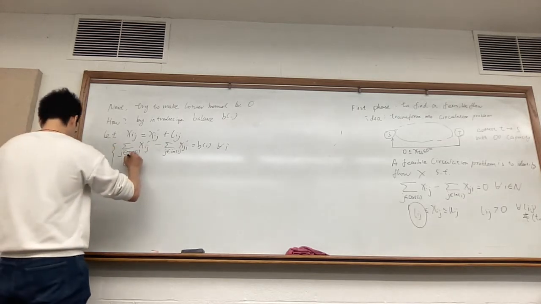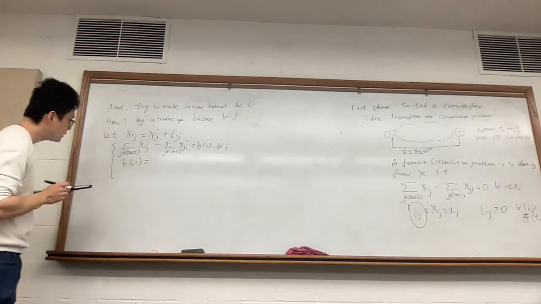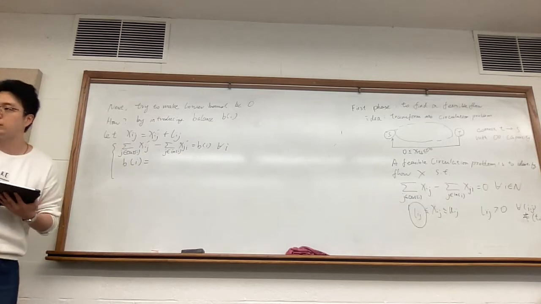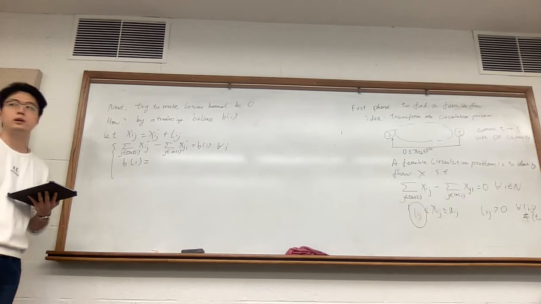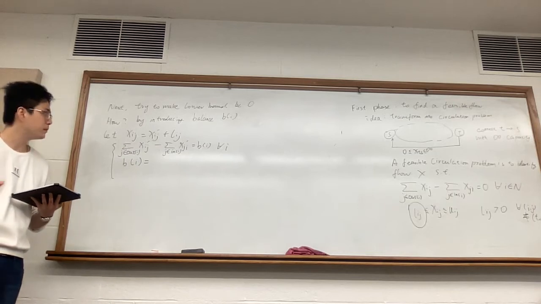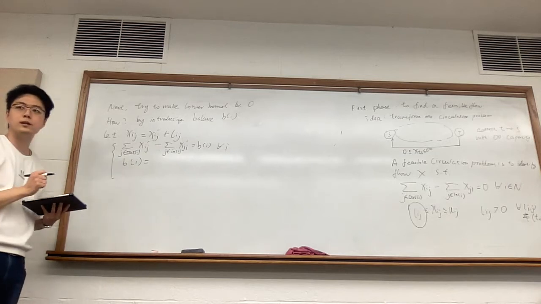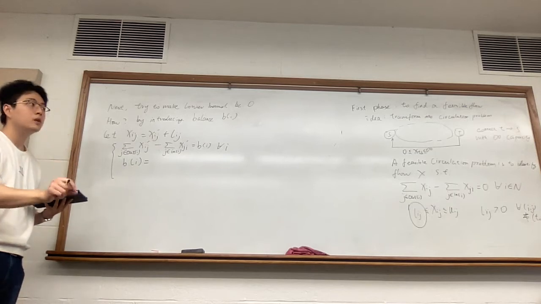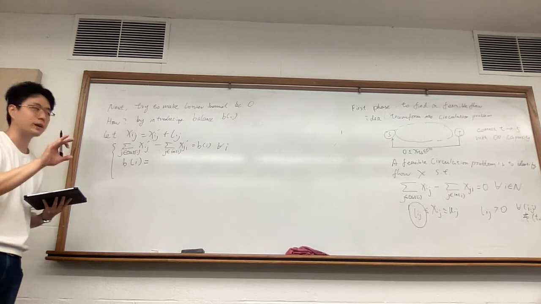And what is Bi? Here it is a little bit tricky, because we know that in the original problem, we need every node to have inflow equal to outflow, right? This is what is stated in the original problem. So what should Bi satisfy? Keep in mind that in the original problem, you need to make sure that the income of i equals the payment of i.